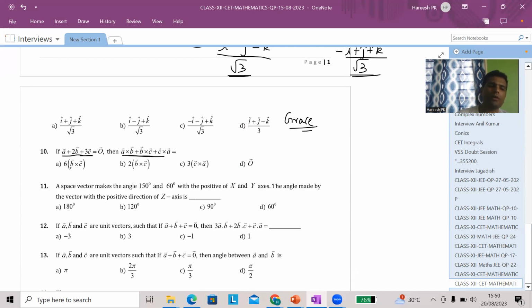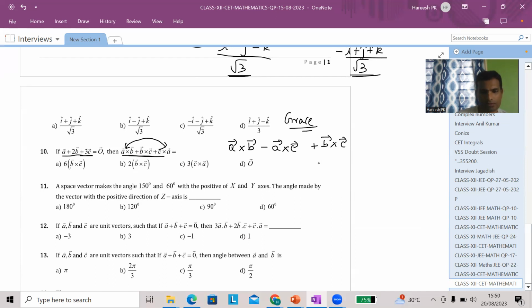So because most of the options are in terms of B cross C, what we can do is, let's try to group these two and not disturb B cross C. So what I'm going to do is, I'm going to write this as A cross B minus A cross C. The first and third term. Second term, I'll keep it as it is.